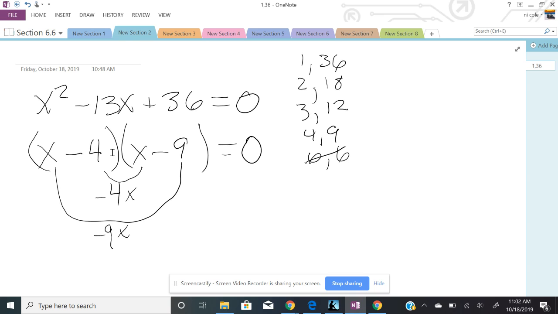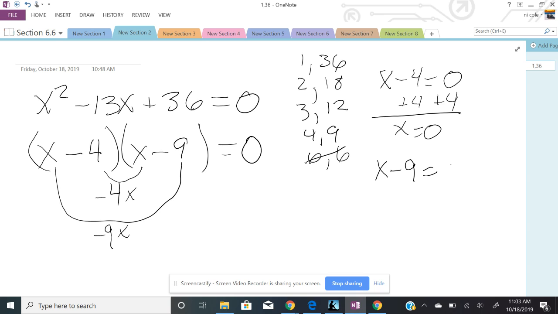x minus 4 times x minus 9 equals 0. So I know either x minus 4 equals 0, so I'm going to add 4 to both sides, so x is equal to 4, or x minus 9 is equal to 0. Add 9 to both sides, so x is equal to 9.